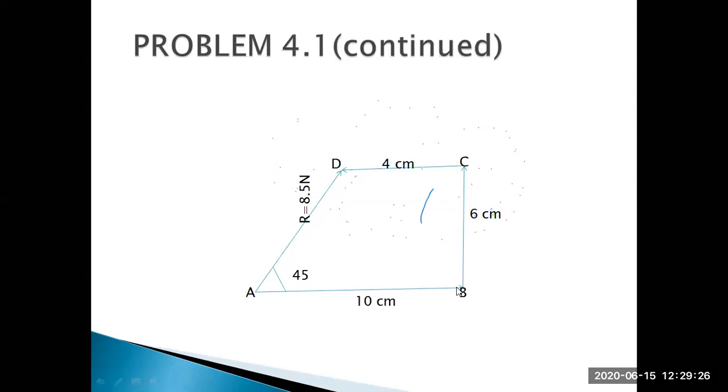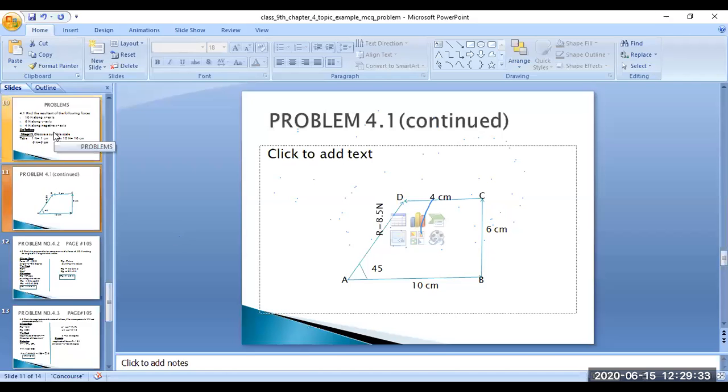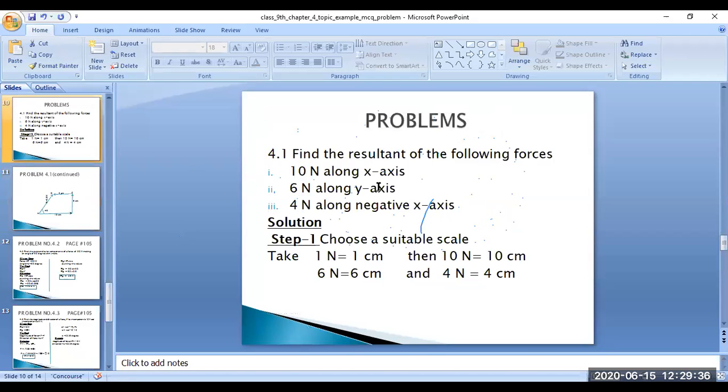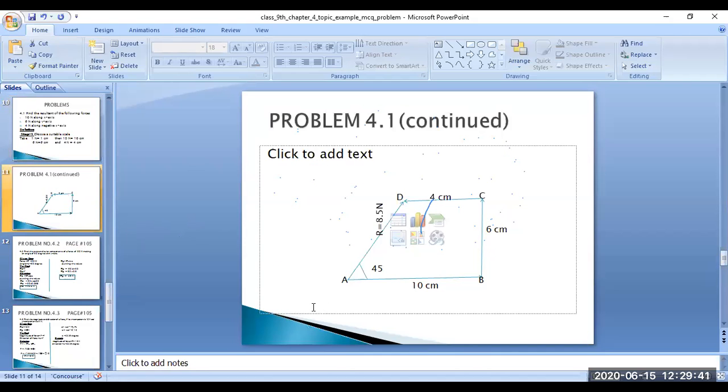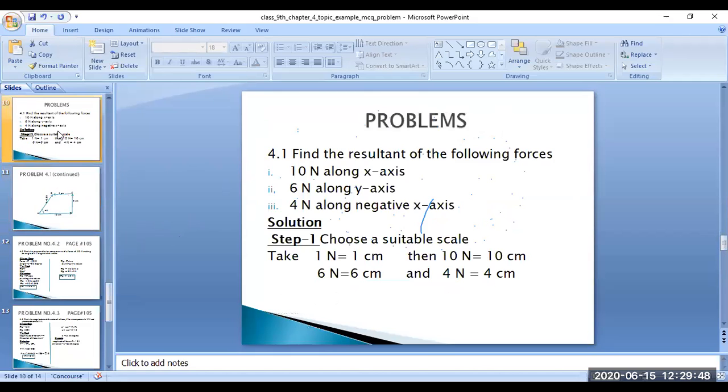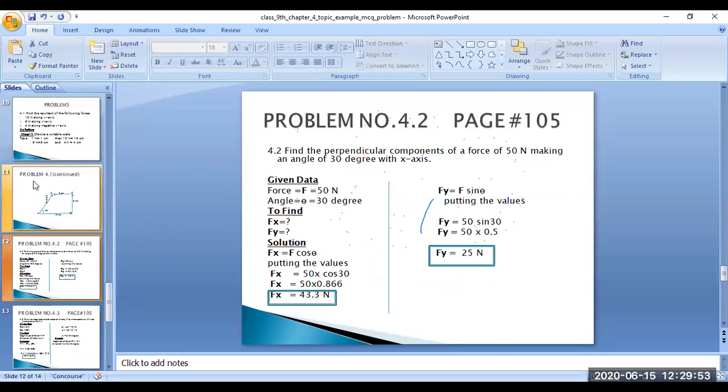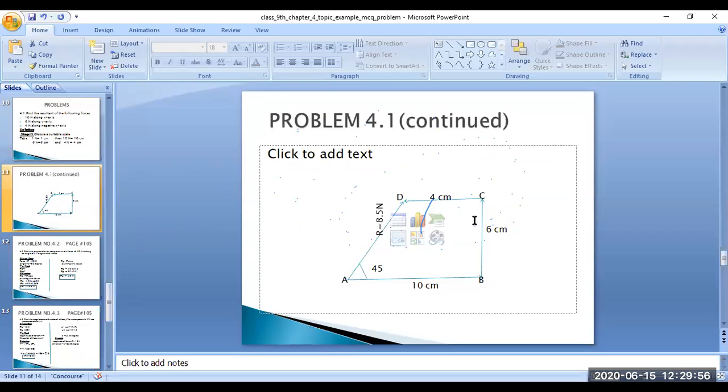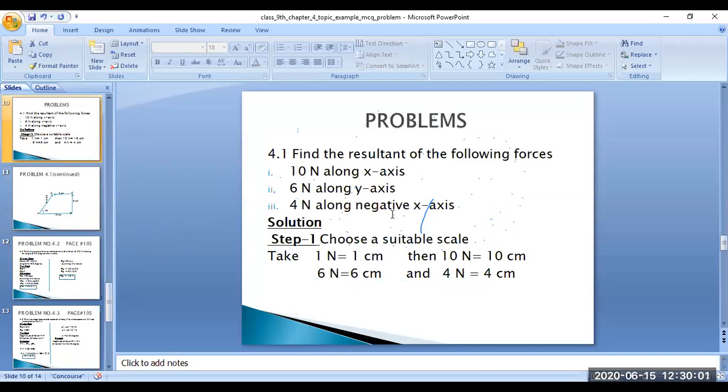The arrow is pointing in this direction, because the question says that the 10 Newton force is acting along the x-axis. Then it says 6 Newton is along the y-axis, so I go for 6 centimeter and draw the line BC. Then 4 Newton along the negative x-axis.